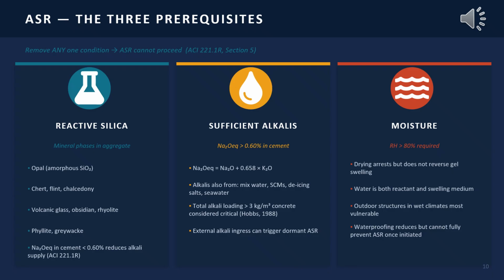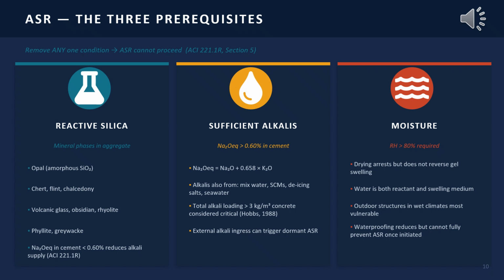Corner 2. Sufficient alkalis. The critical threshold is generally taken as a sodium equivalent alkali content. The equivalent is calculated as sodium oxide plus 0.658 times potassium oxide.